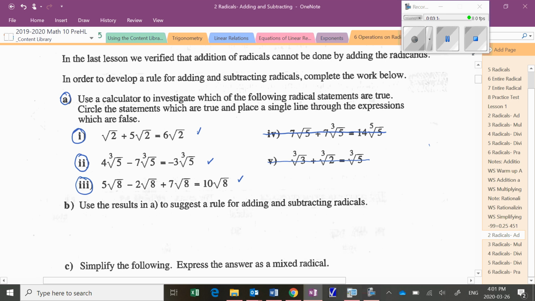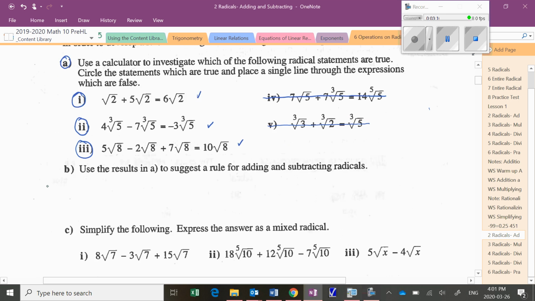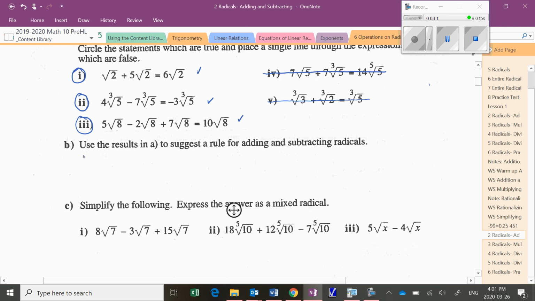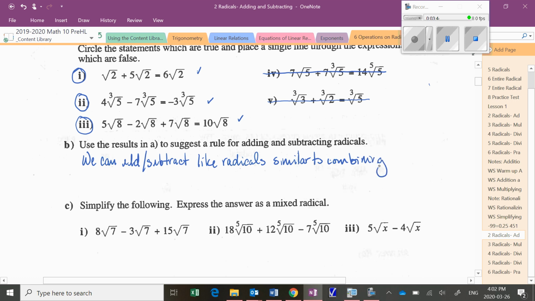So our rule then is that we can add or subtract like radicals, similar to combining like terms with polynomials.